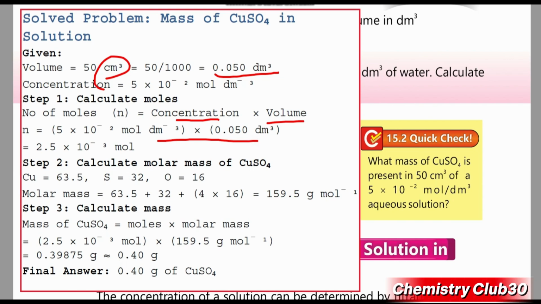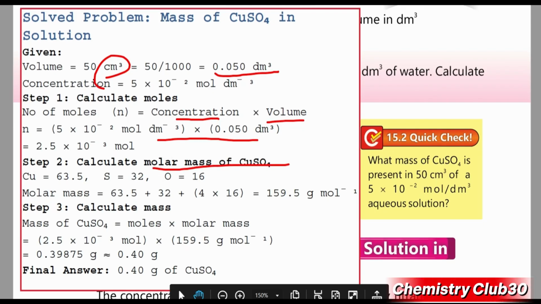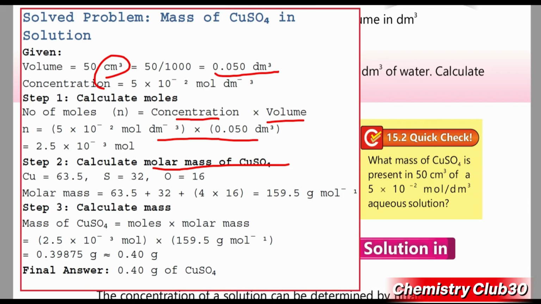And after that we will have to convert these number of moles to grams, or the mass of the solute. For that we must know the molar mass of the copper sulfate. So the molar mass of copper is 63.5, sulfur 32, oxygen 16. The overall molar mass of the copper sulfate, by adding these masses, will be 159.5 gram per mole.